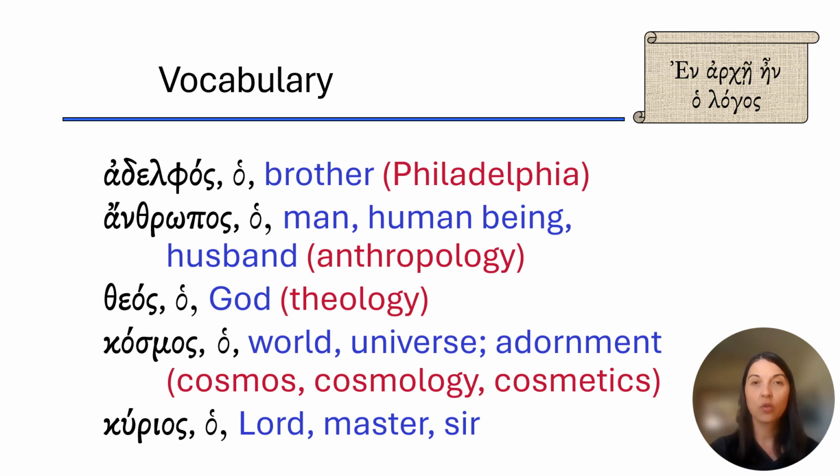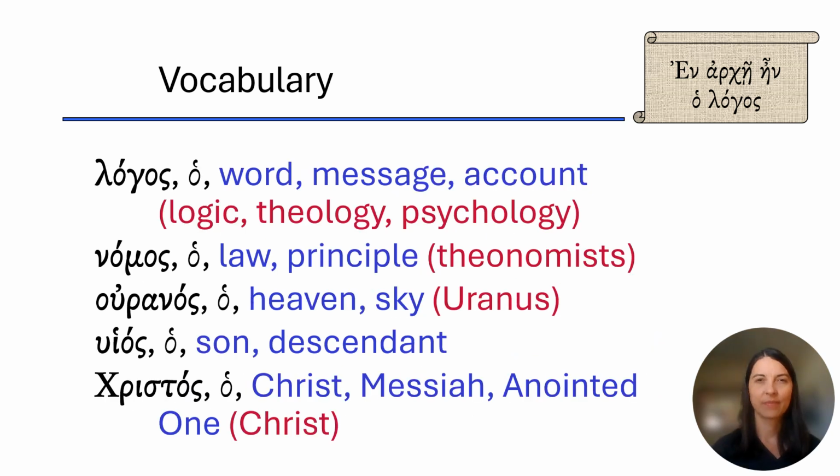Then we have ho kurios, Lord, Master, Sir. Next you have ho logos. This means word, message, account. You may have heard this word logos, but it is ho logos. This is similar to logic, theology, psychology, if that helps you remember.